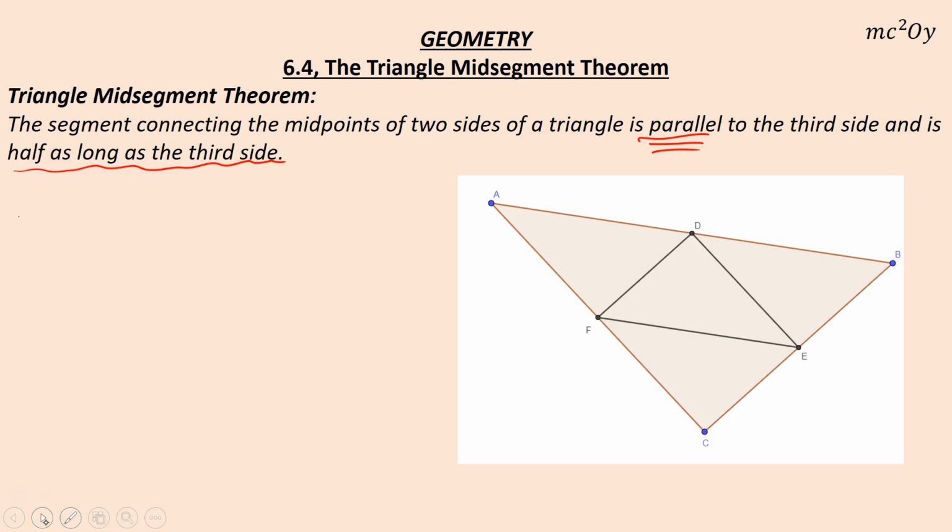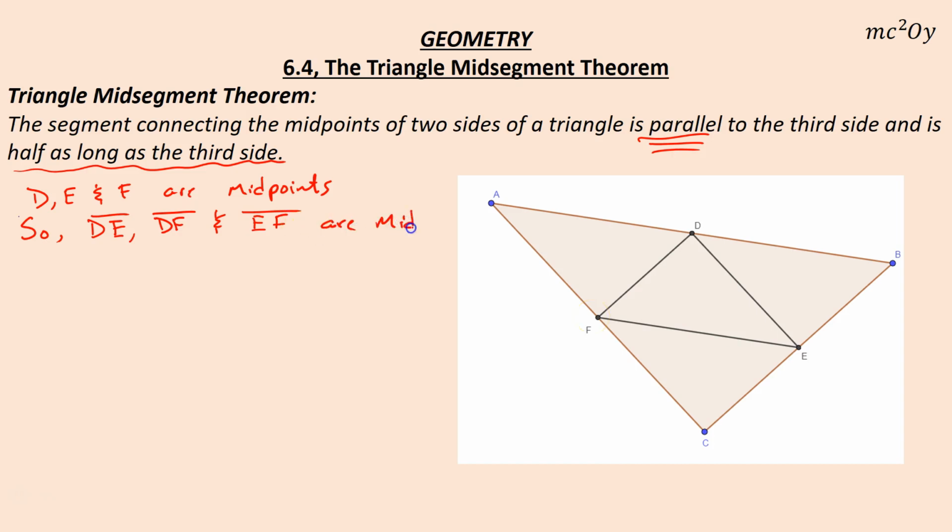So this would mean that if D, E, and F are midpoints, so that would mean DE, DF, and EF, these lines right here making that triangle, are midsegments.